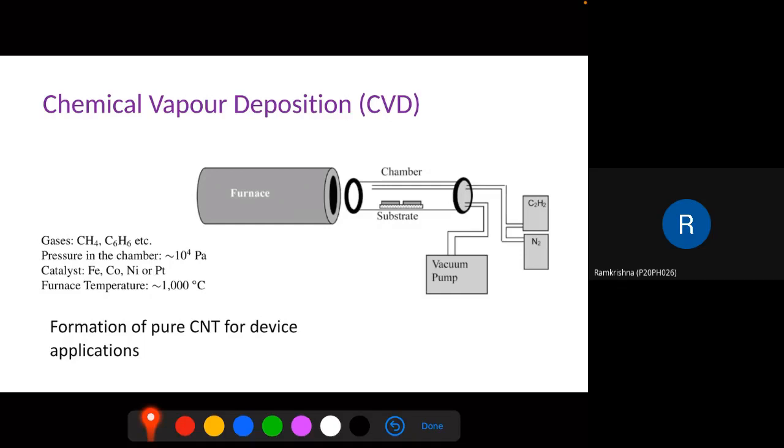Even now, many 2D materials you also grow with this CVD process because you have a lot more control over how you want a particular structure, so you have better control in this process.